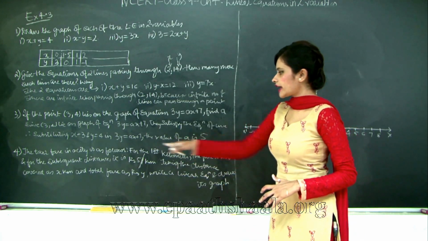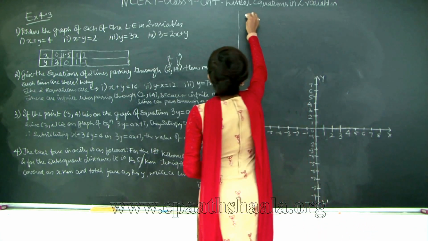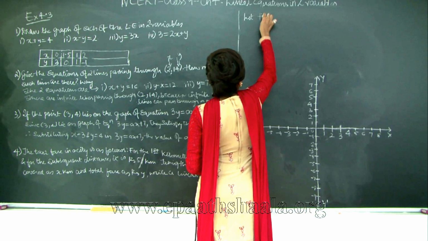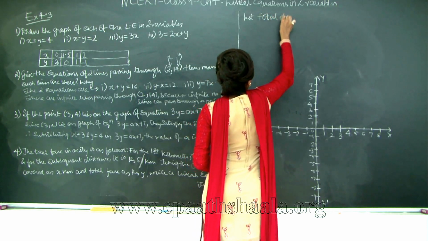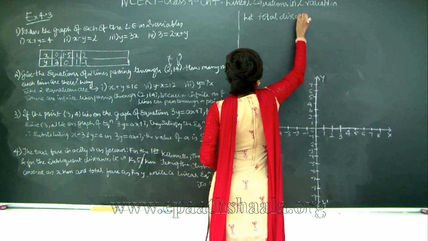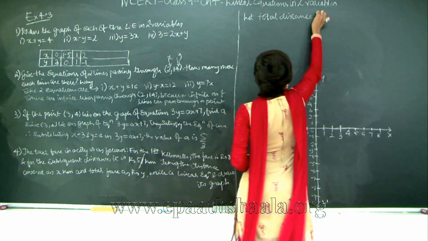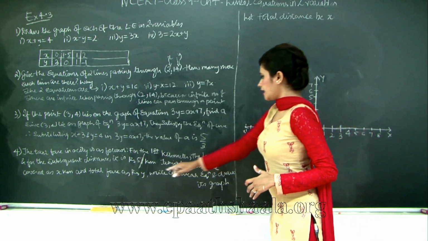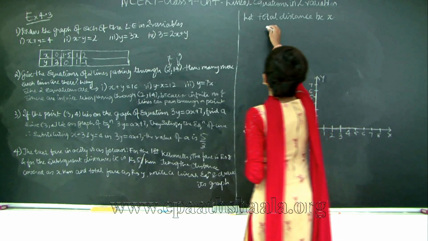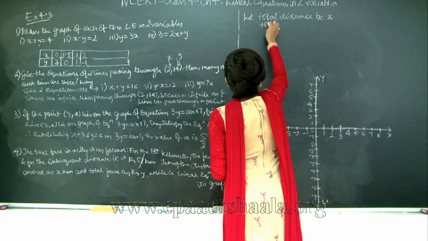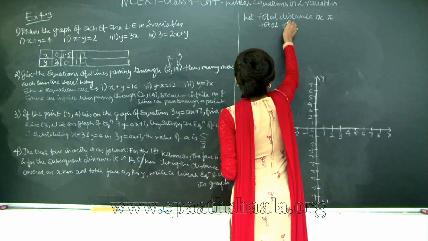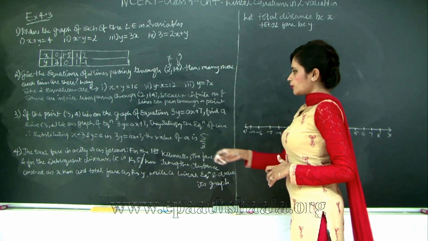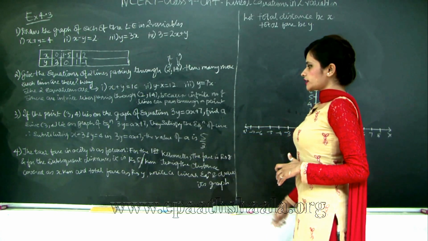Take the distance covered as x kilometers. So I am just going to say, let total distance be x, and total fare be y. So now the cost of the first kilometer is rupees 8.